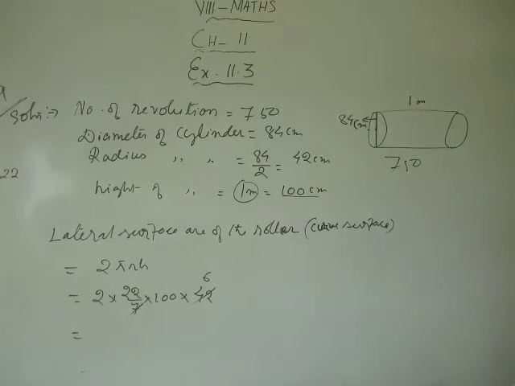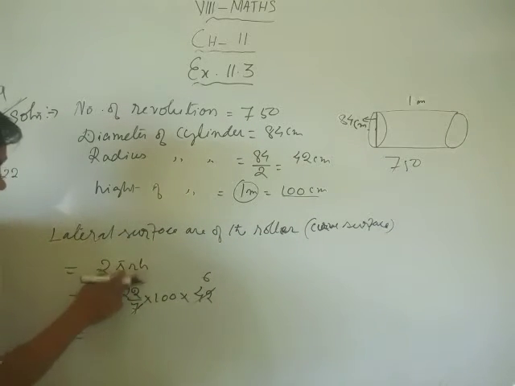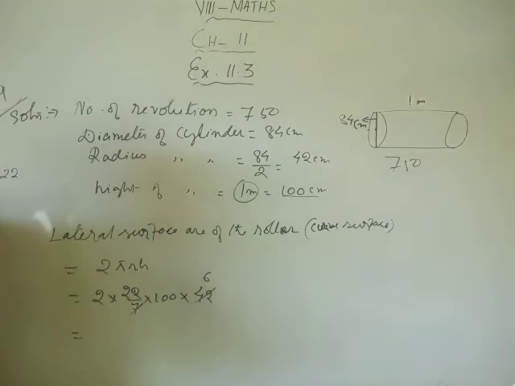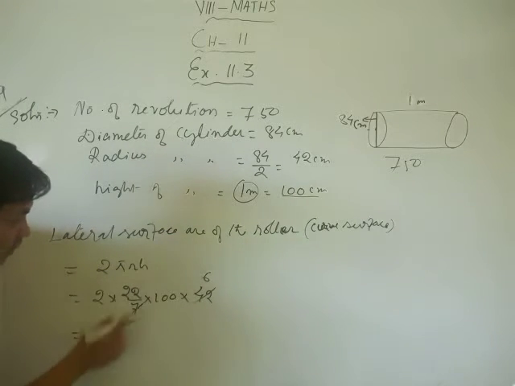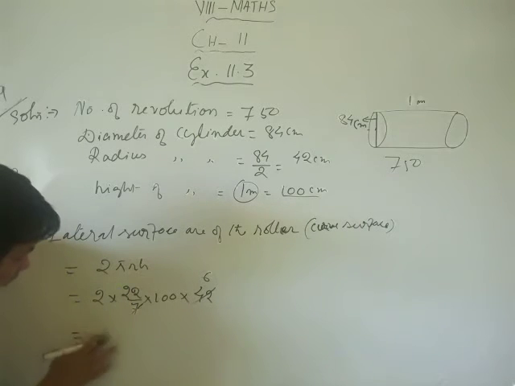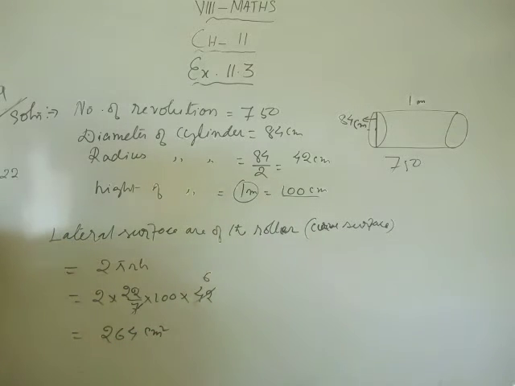So my dear student, now we have it here. The lateral surface area of the roller is 2 pi r h. So 2 here, pi we know is 22 by 7, r is 42 centimeter and h is 100 centimeter. Now here you see if we multiply all these things we are getting 264 centimeter square. 264 centimeter square.